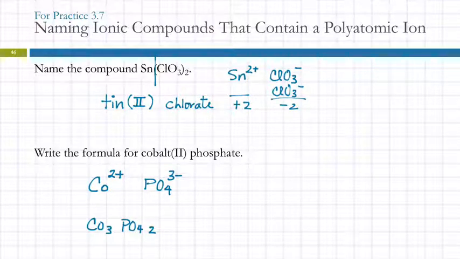But you have to put the PO4 in parentheses, because if we do it this way, that kind of looks like 1 phosphorus and 42 oxygens, and that's not what we meant. When you have more than 1 polyatomic ion, you have to put parentheses around it. You put the number on the outside. If you only have 1, there's not going to be any confusion, and so we're not going to write the parentheses if we don't need them. Any questions?